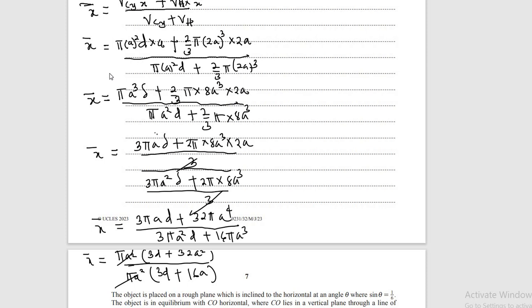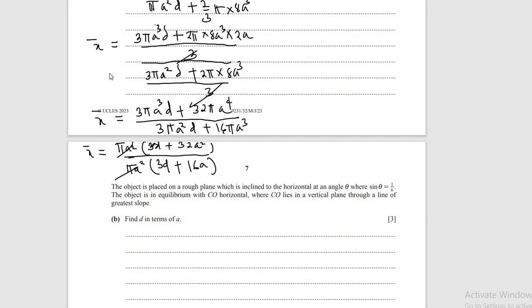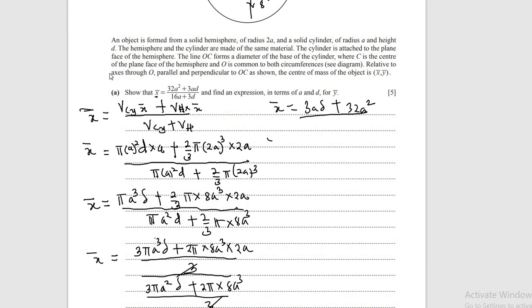This is a cube. There's still an a here. So at the end of the day, we get the proof. The horizontal center of mass is 3ad plus 32a squared over 3d plus 16a. Yeah, that is what we are asked to prove.